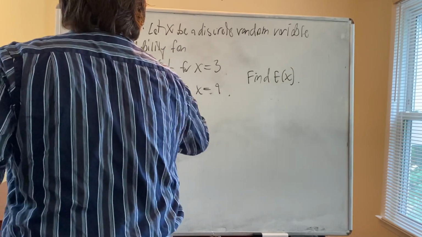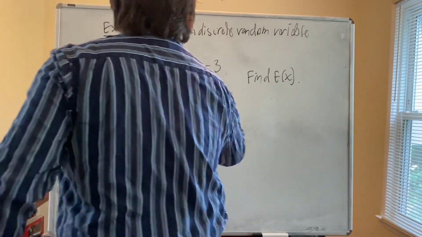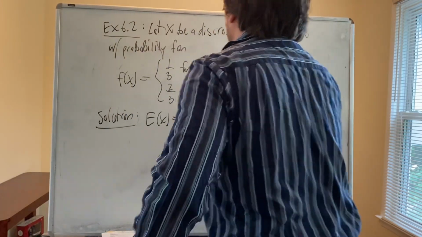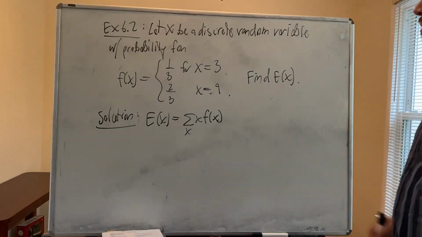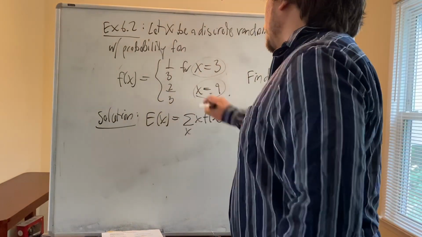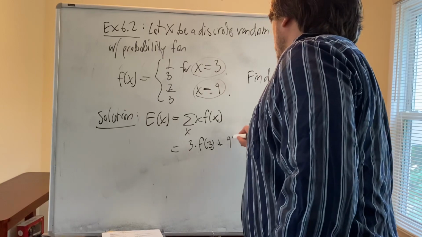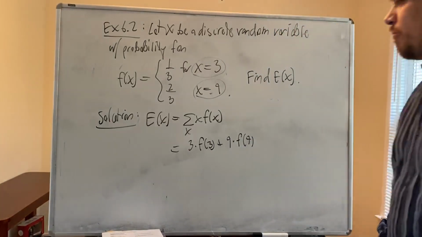Solution. Capital E of x is equal to the sum over all possible values of x times f of x. And the possible values of x are x equals 3 and x equals 9. And so this is 3 times f of 3 plus 9 times f of 9.